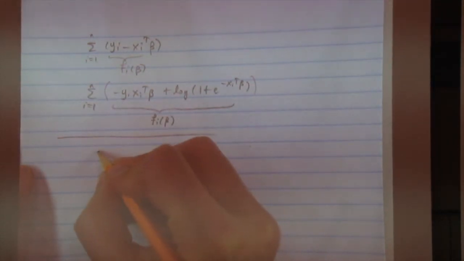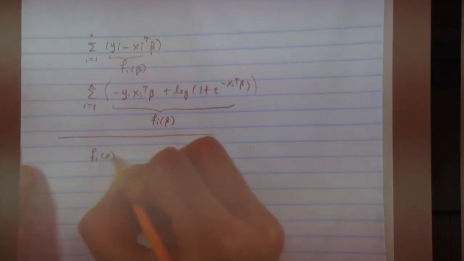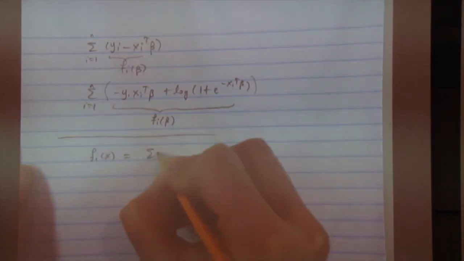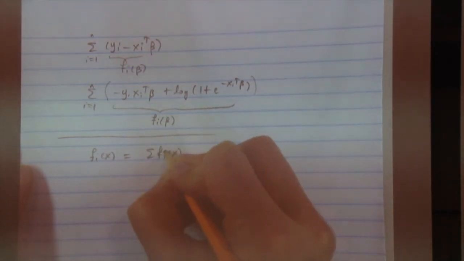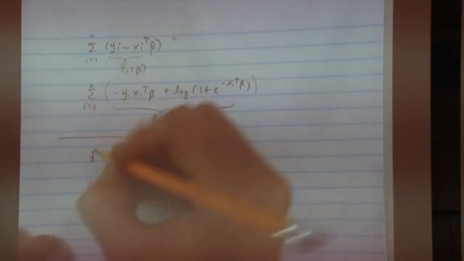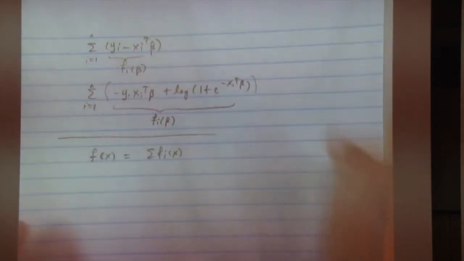Let's think about applying the subgradient method to a criterion that looks like a sum of functions f_i. So we're going to say f of x is equal to the sum of f_i of x. And we're going to think about applying the subgradient method here, or gradient descent. Either is fine to consider, but let's just consider the subgradient method since that's what we're talking about today.